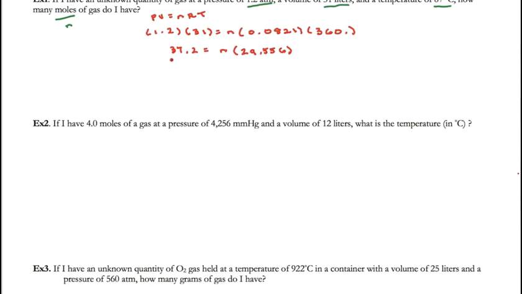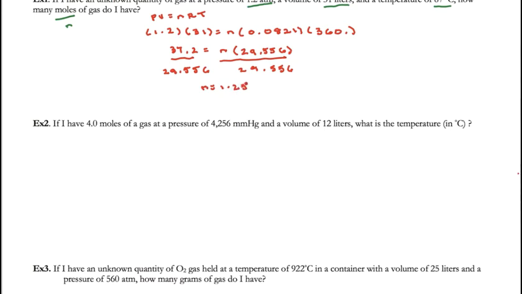Now all I need to do is divide both sides by 29.556. And unrounded, I get 1.259. So my number of moles equals 1.259.